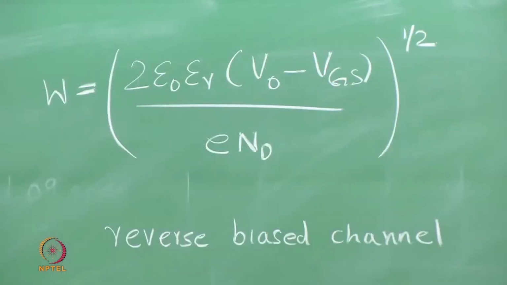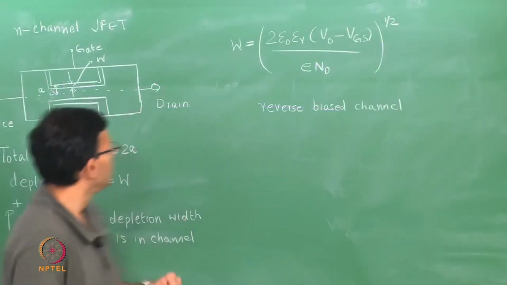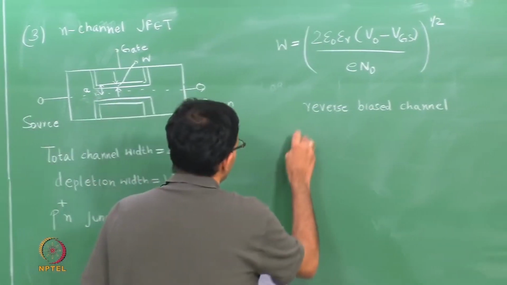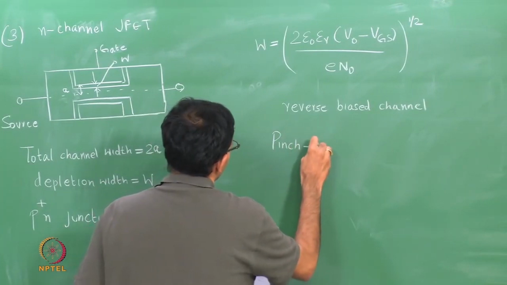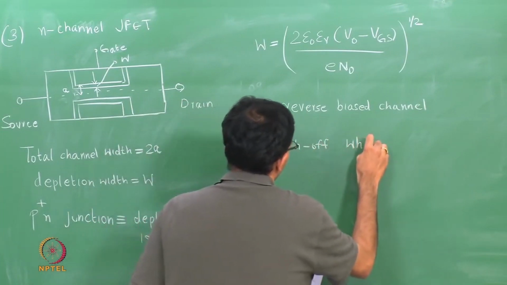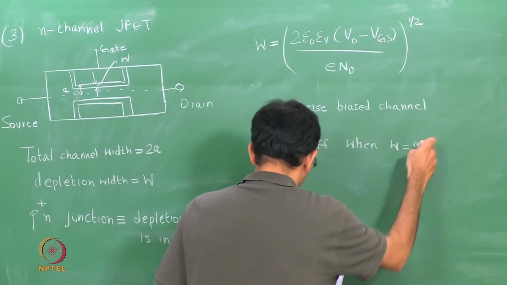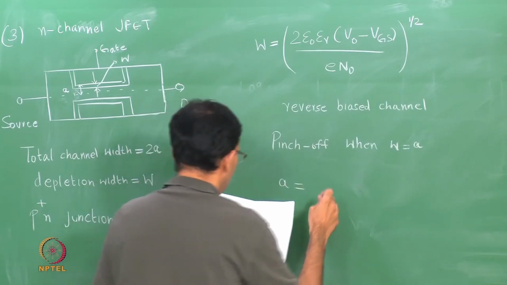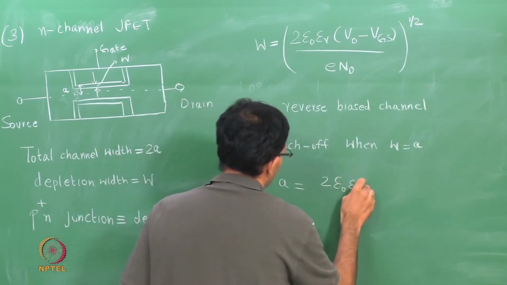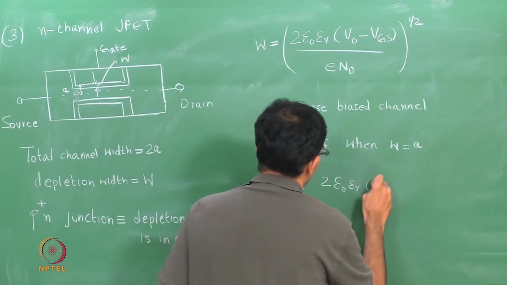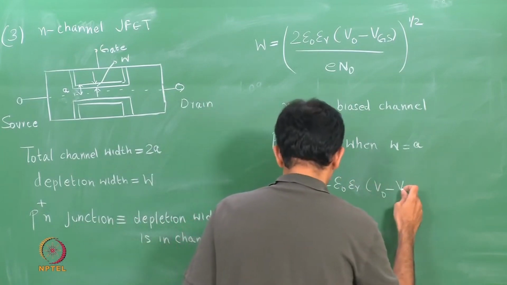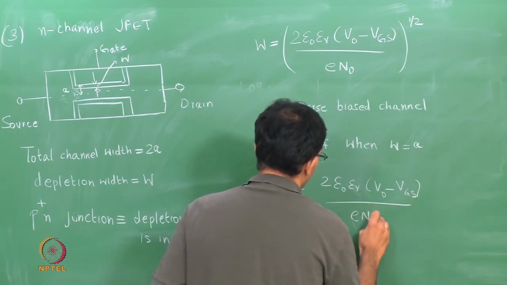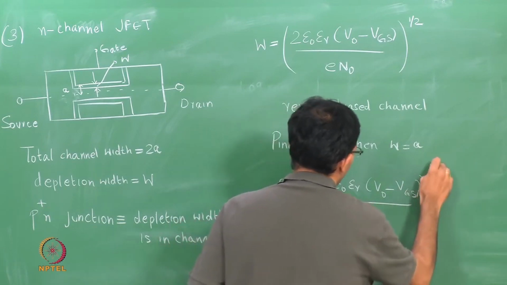So, pinch off occurs when this depletion width starts to increase and essentially reaches the center of the channel. So, we have pinch off when W is equal to A, so that A is nothing but 2 epsilon naught epsilon r, you can write it as epsilon, times (V naught minus VGS) divided by E and D, whole to the half.